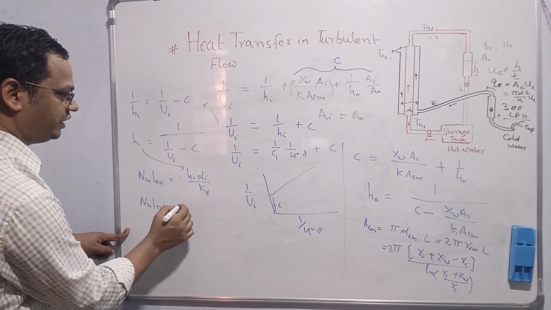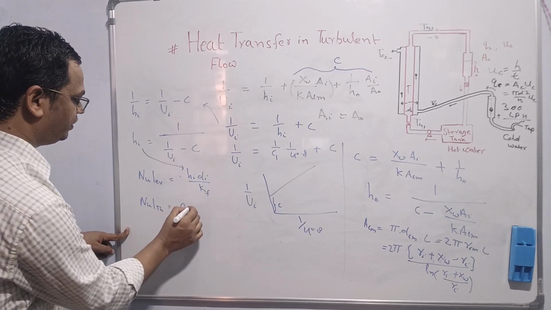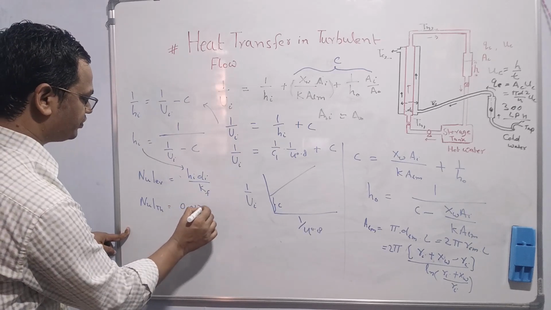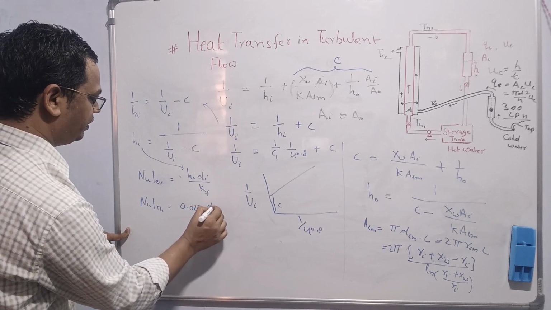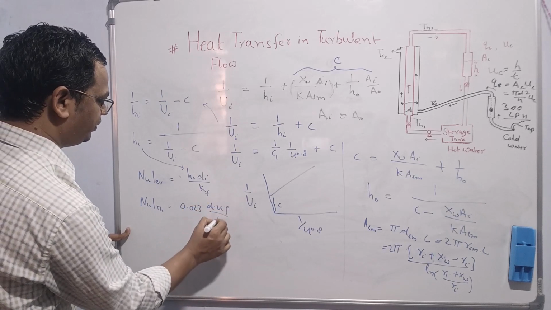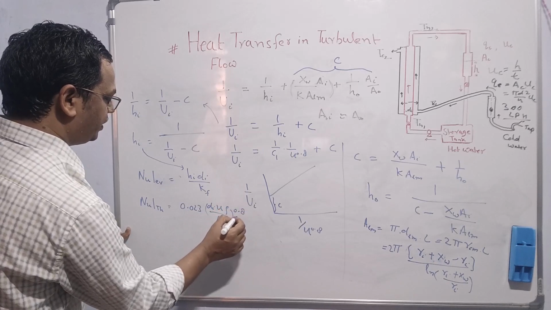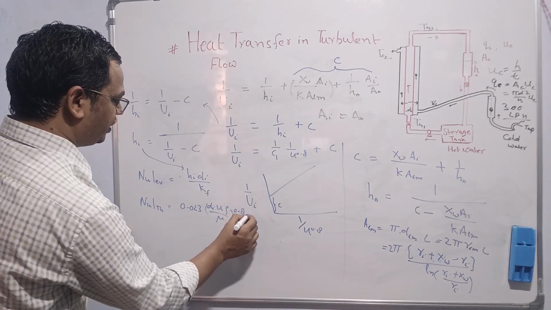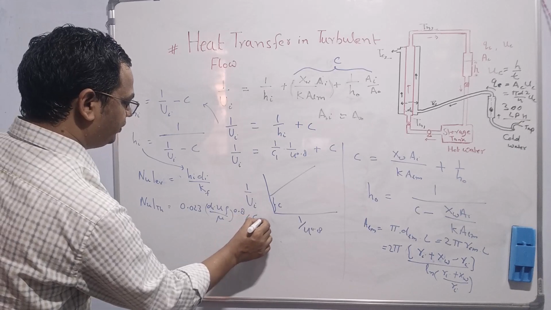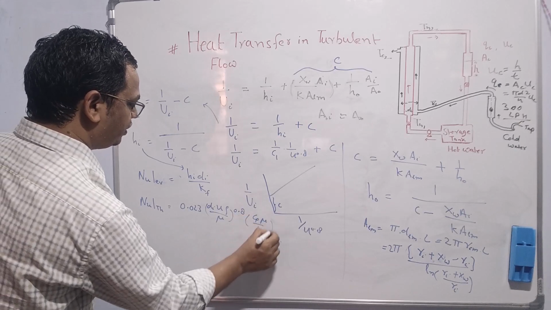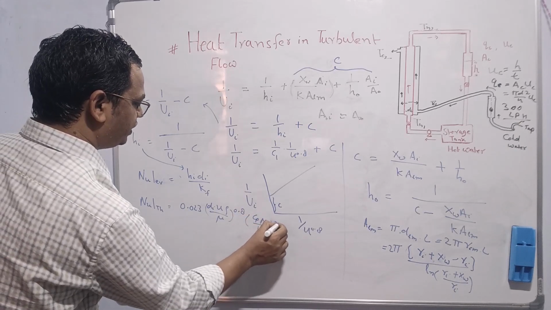Sometime back we wrote the Dittus-Boelter equation, again write 0.023 Reynolds number, Di u rho by mu, to the power 0.8, into Prandtl number, Cp mu by Kf, to the power 0.3.